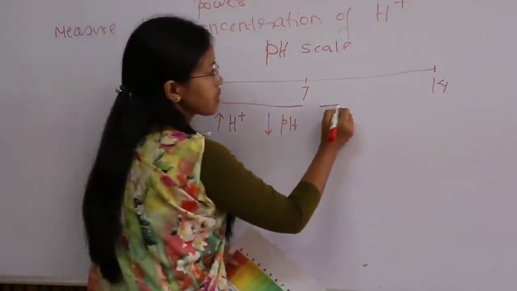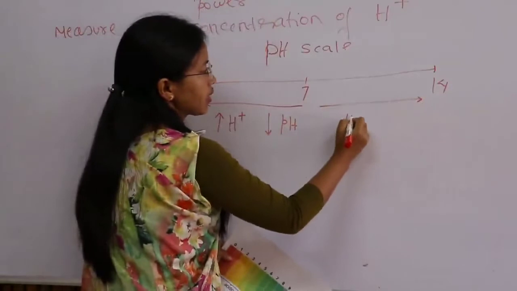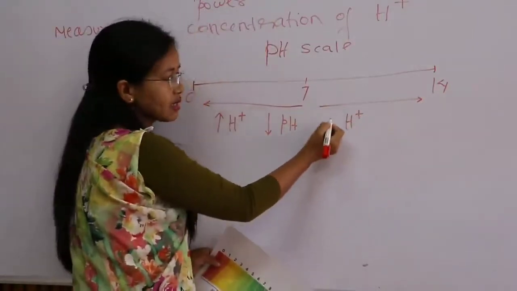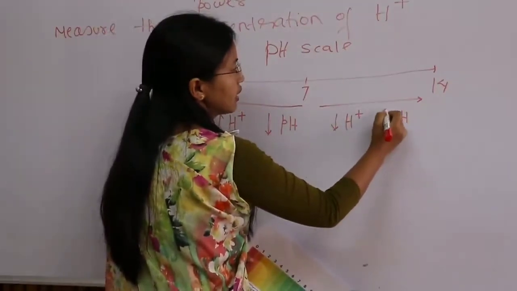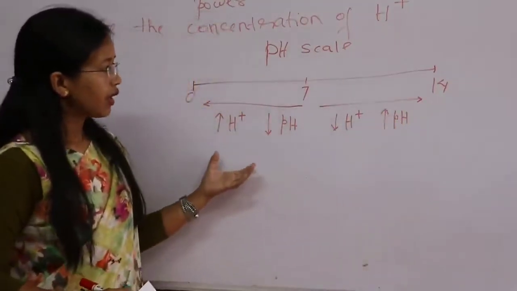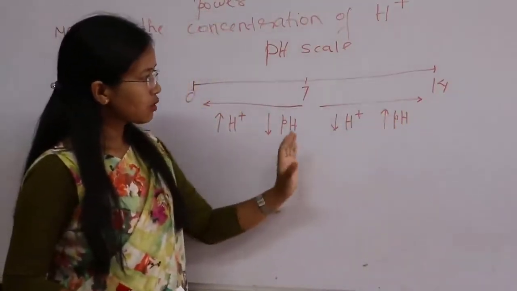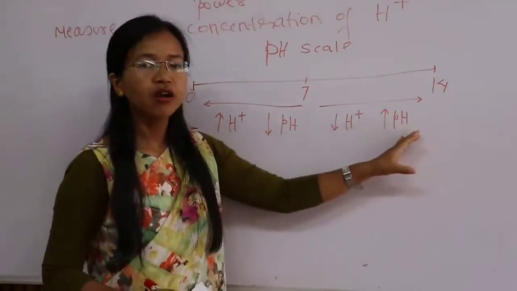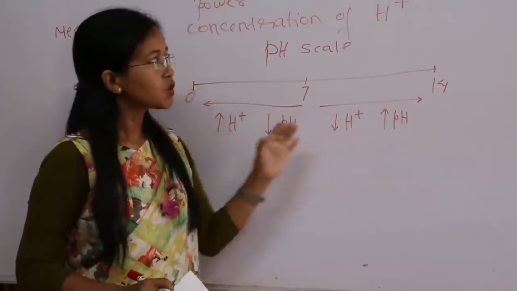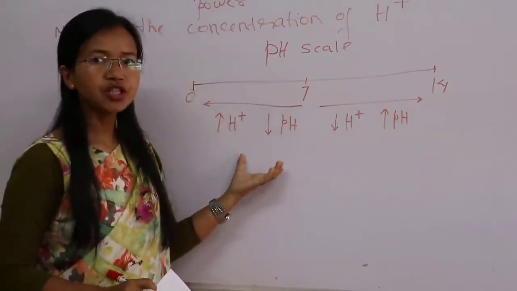And as you go from 7 to 14, the concentration of hydrogen ion is decreasing and the value of pH is increasing. Alright, and we can also say that from 7 to 14, it indicates the concentration of hydroxide ion. So this is all about the pH scale.